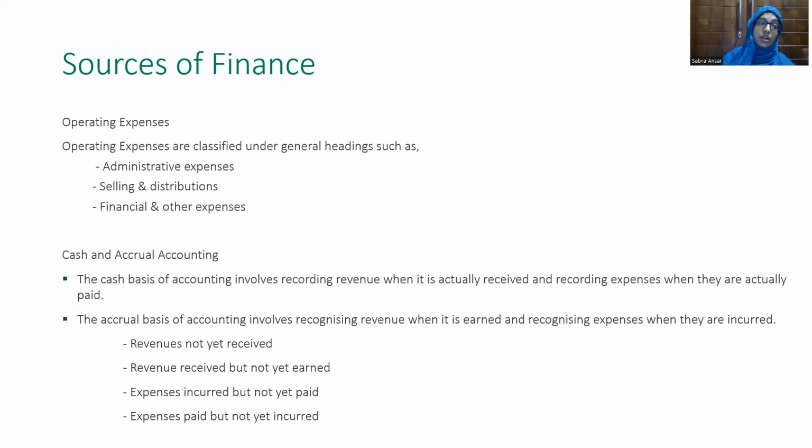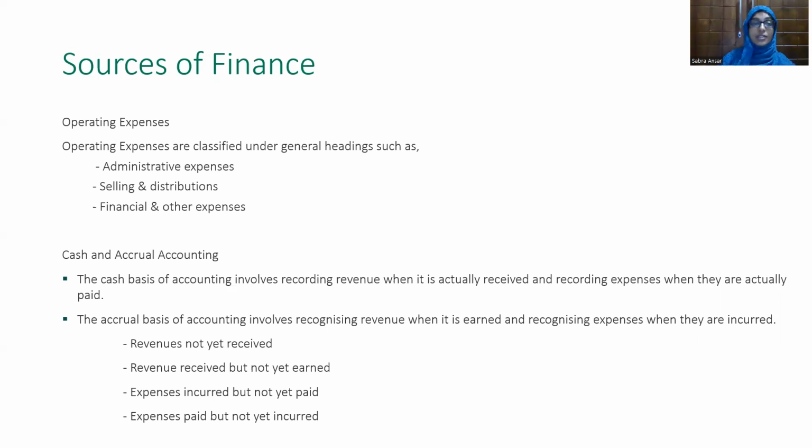So moving on, cash and accruals accounting. As we are talking about different concepts of finance, one of the main things that we use in accounting is cash and accruals accounting. So cash basis accounting involves recording revenue which is actually received and expenses that are actually paid. So that is the cash basis. Now, what is the accruals basis? This basically involves recognizing revenue when it's earned and recognizing expenses when they are incurred.